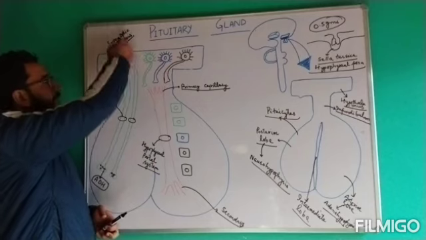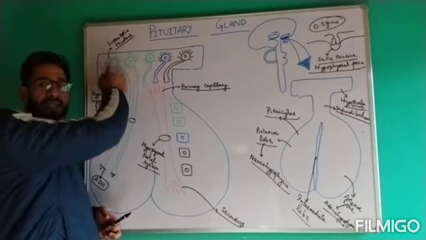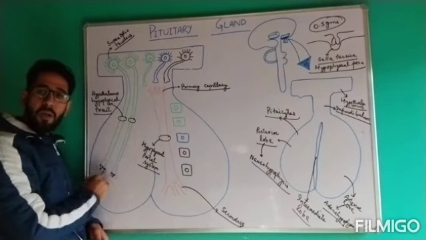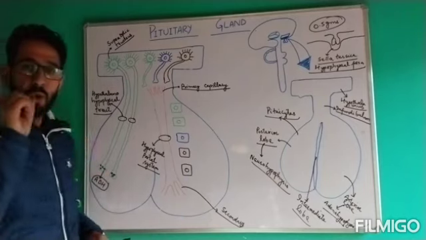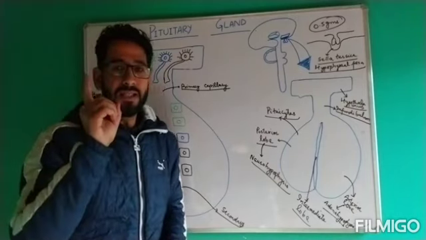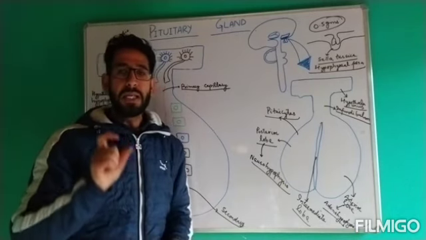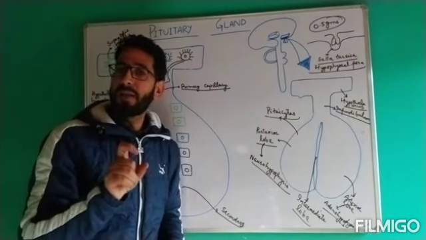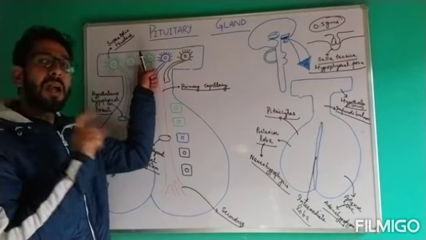When a particular stimulus stimulates this supraoptic nucleus, the action potential comes down and this antidiuretic hormone is released out of the posterior pituitary gland. So antidiuretic hormone is the first hormone secreted by the posterior pituitary gland. But remember, it is only secreted by the posterior pituitary gland, but it is synthesized inside the hypothalamus.